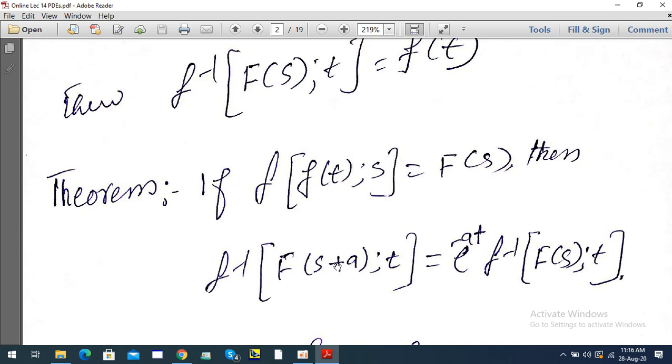If this is negative, there should be positive. Okay, e power minus at, and the Laplace inverse of F of s is the reverse of this, which is f of t. So the Laplace inverse of F of s plus a will be equal to e power minus at f of t.